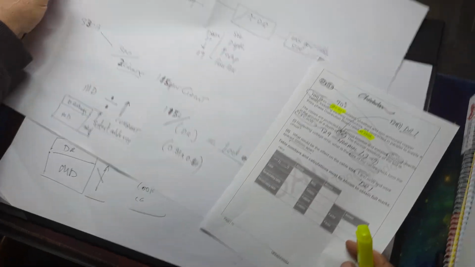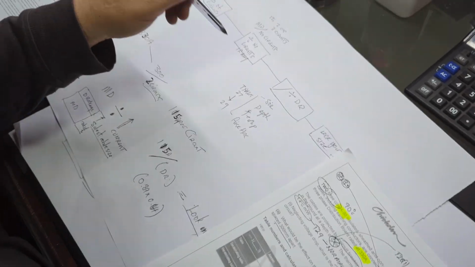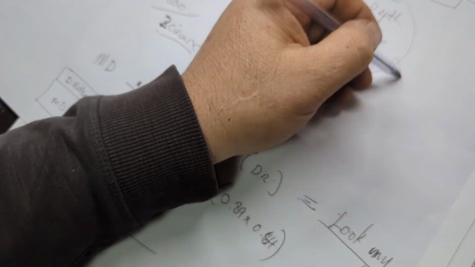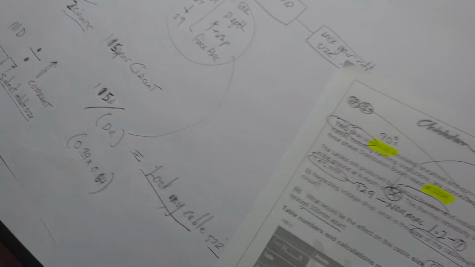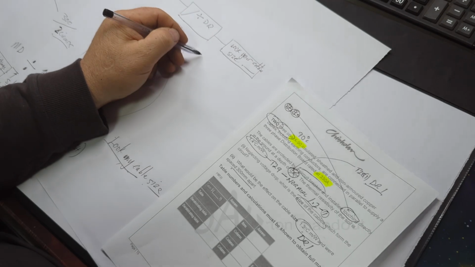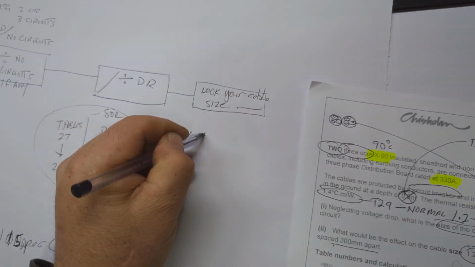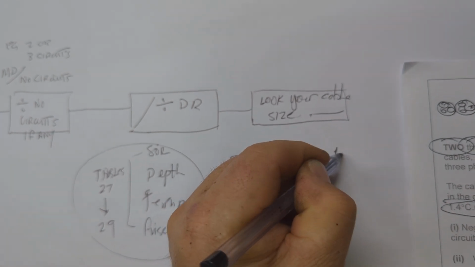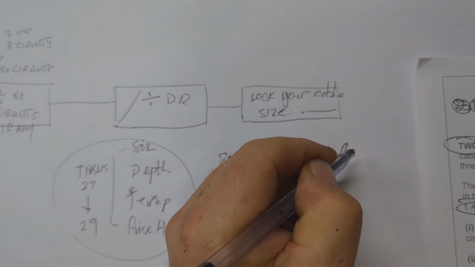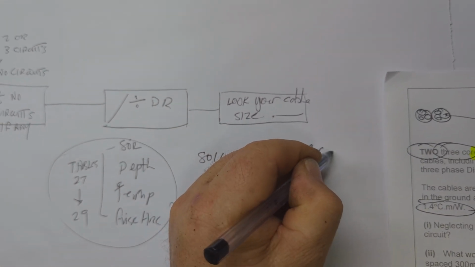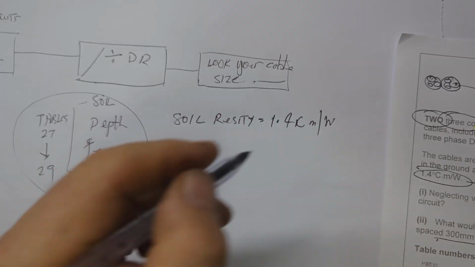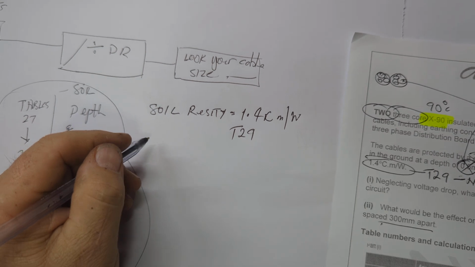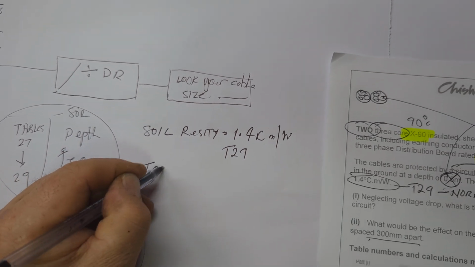The only other thing is the deratings. Once we've got our current, these are what we have to apply. The two I've got on this one are soil resistivity, equal to 1.4 cm K/W, which is table 29, and the other one is touching.